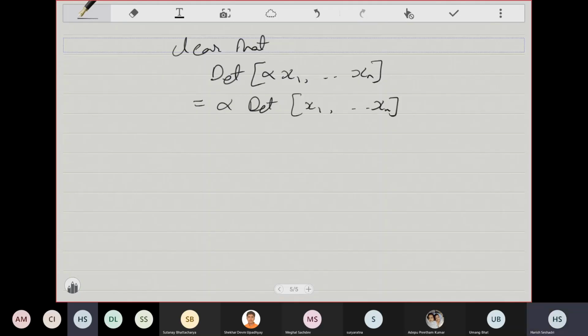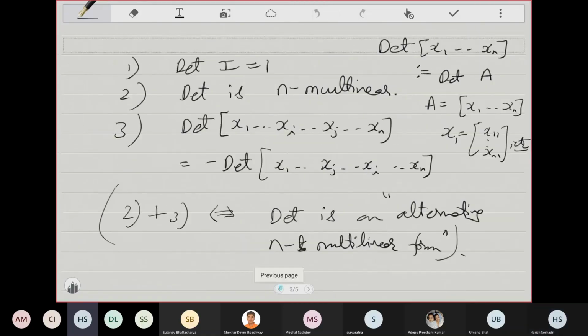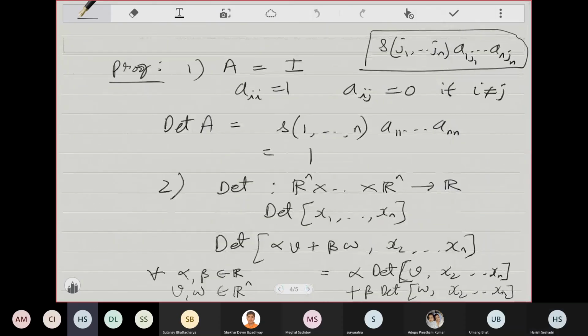By the way, I'm just focusing on the first slot, just to keep notation simple. Obviously, whatever I'm saying will work for any x_i, not just x_1. Clear that this part holds just by definition, simply because every term will be of this form.